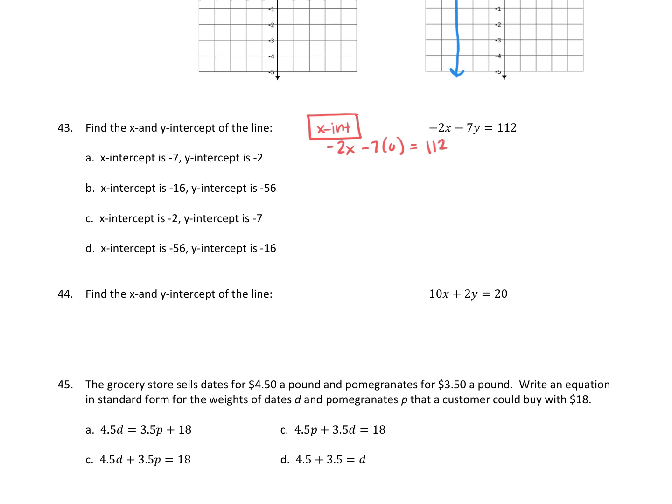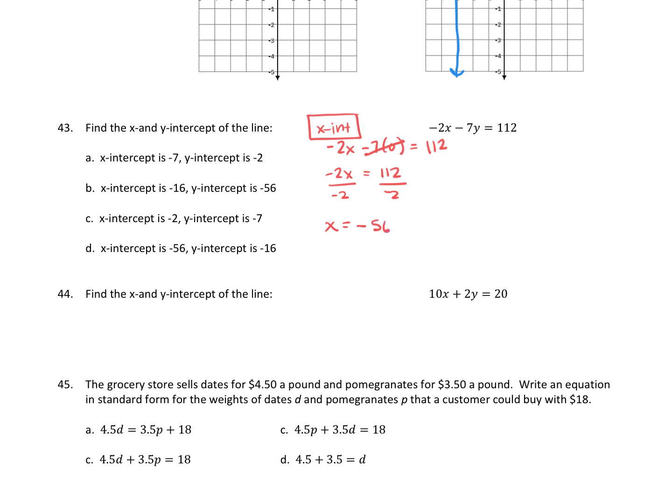The reason why we plug in a 0: an x-intercept is a point on the x-axis, and any point on the x-axis has a 0 for the y-coordinate. 7 times 0 is 0, leaving us with -2x equals 112. Then we divide by -2, and we get an x-intercept of -56.